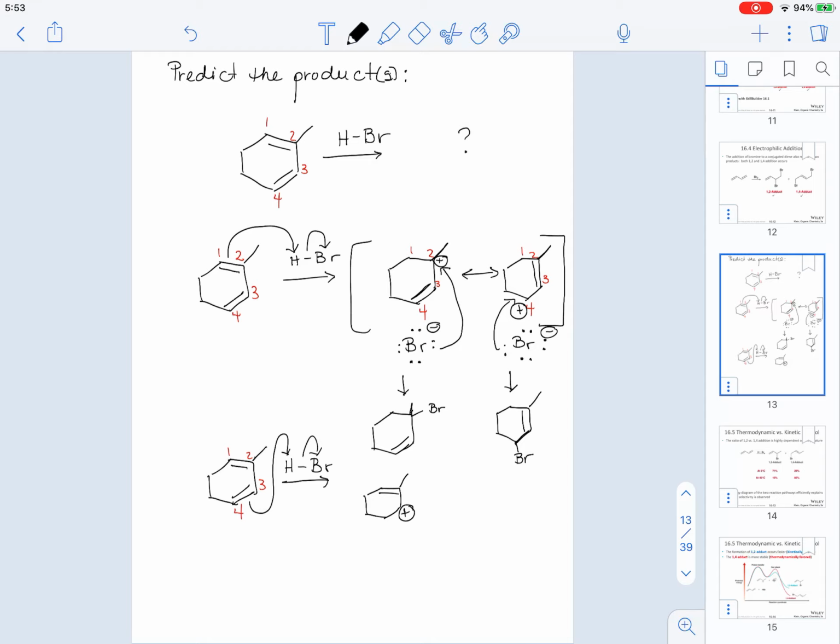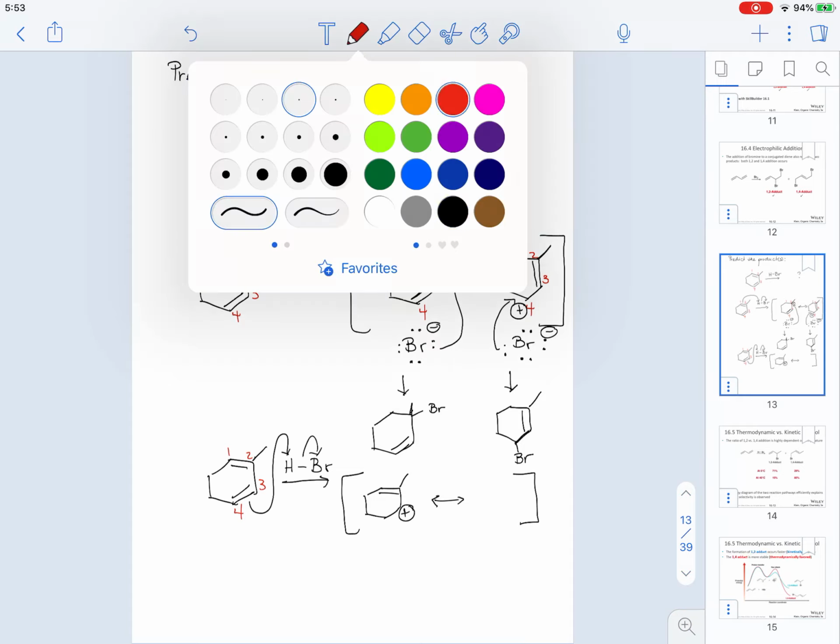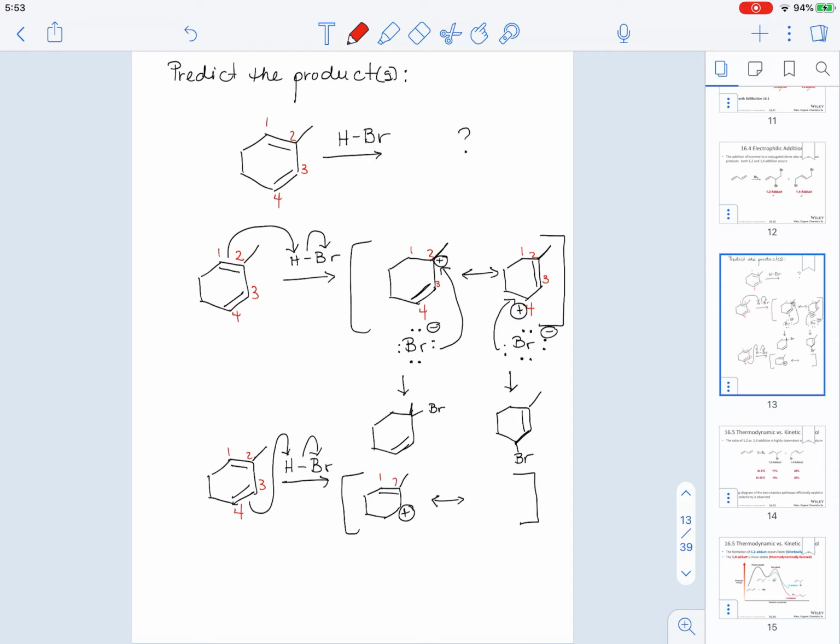So the proton can happen here, okay? Then this allylic position can have a resonance stabilization. Let me just relabel those carbons. This is carbon 1, 2, 3, 4.